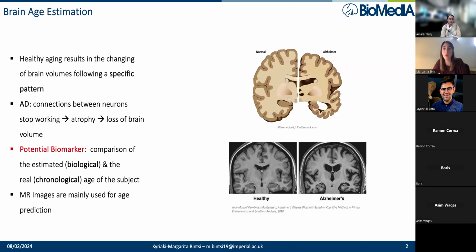Thus, in neurodegenerative diseases, there is an abnormal accelerated aging of the human brain. Therefore, the difference between the real or chronological age of the person and the biological or brain age of this person is considered to be a potential biomarker for neurodegenerative diseases.